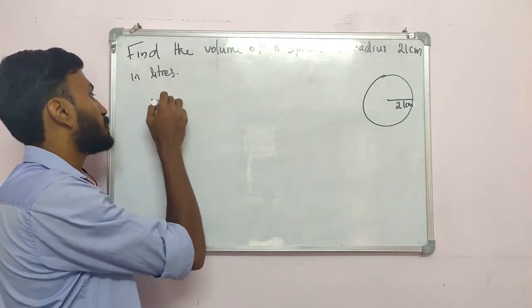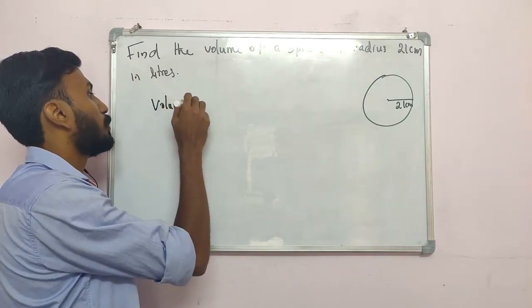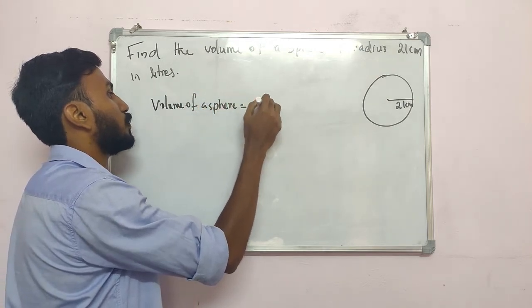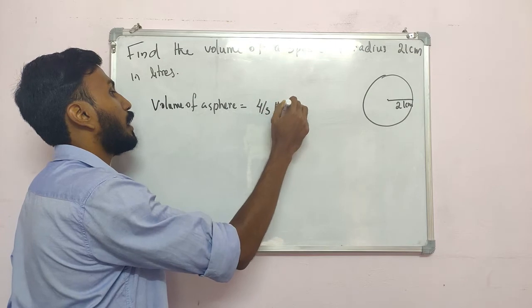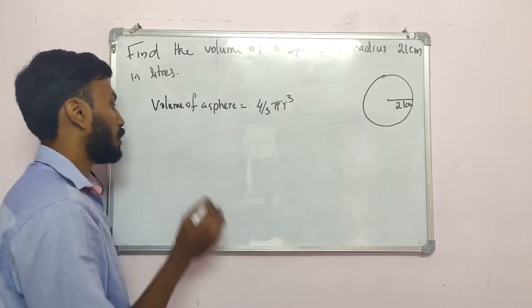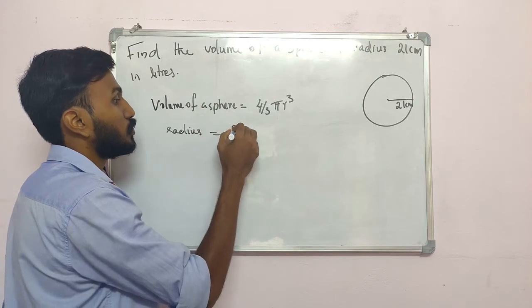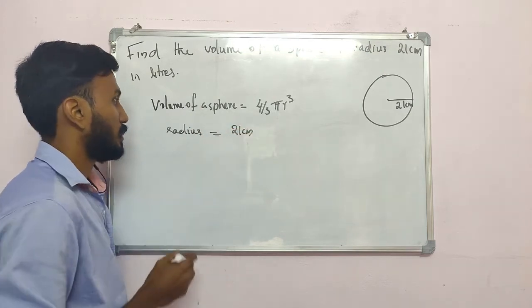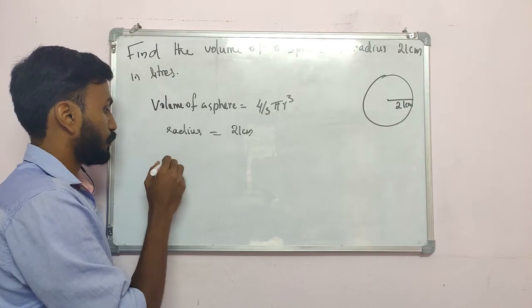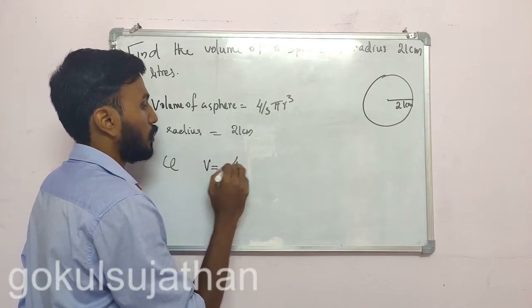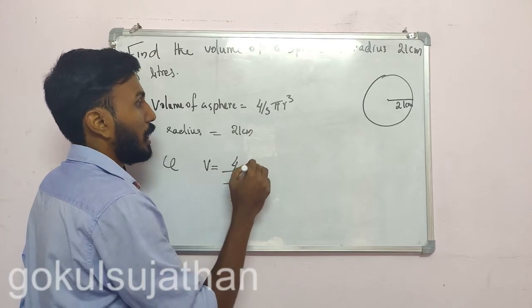We know the expression for the volume of a sphere, right? The expression is 4/3 pi r cube, where the radius is given, which is 21 centimeters. So substituting in this expression, volume is equal to 4/3 into pi.